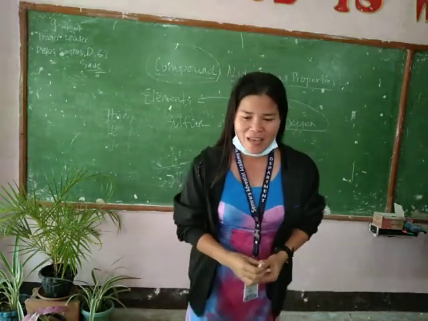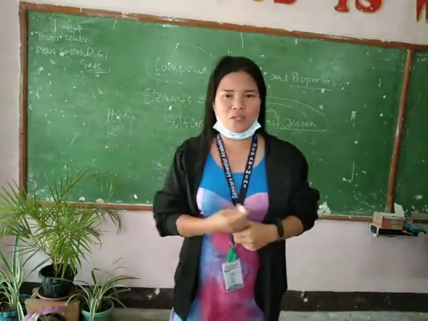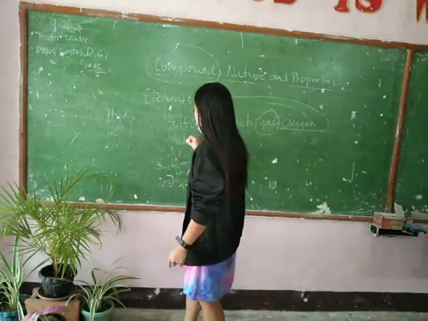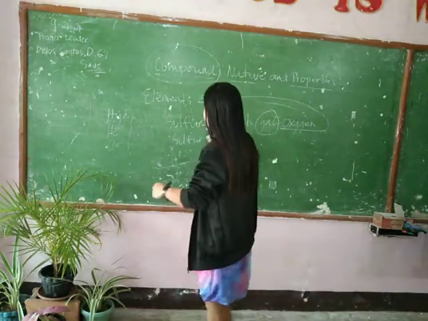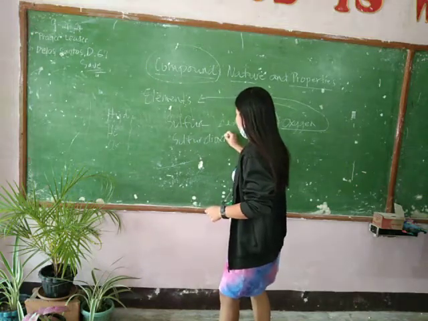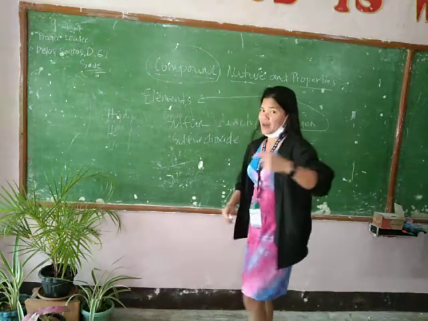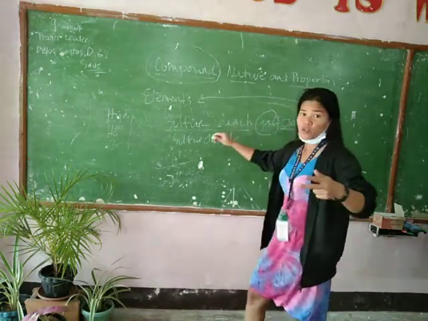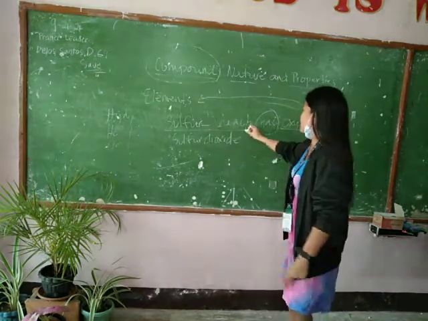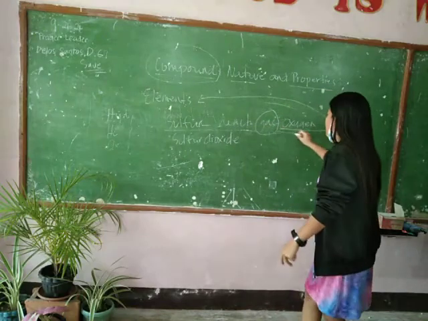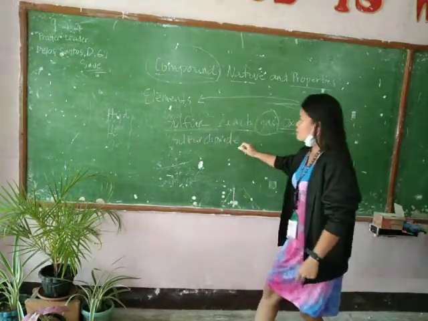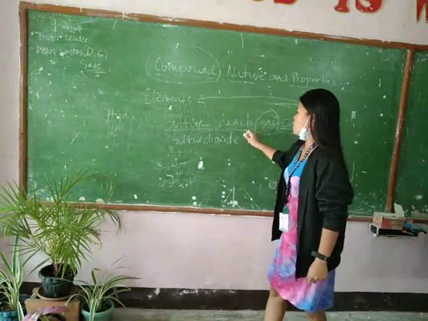Now, forming sulfur dioxide. So, sinabi ko na, pag ang sulfur ay na-expose sa hangin, mag-react siya into a gas or into oxygen. That's why the result is the sulfur dioxide.